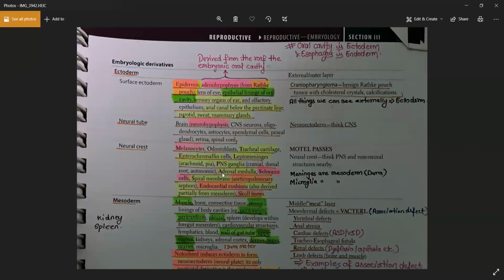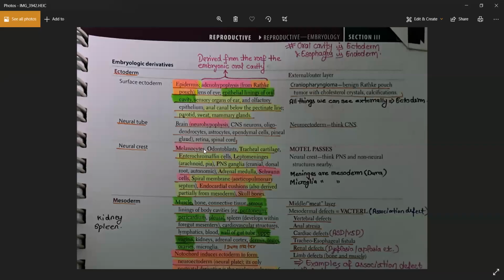And you guys know about the aorticopulmonary septum. I told you the neural crest cells have to reach there, right? Then this spiraling will occur, and the endocardial cushions take part in it, right? These endocardial cushions are also derived from the neural crest. Skull bones, they are all derived from the neural crest.